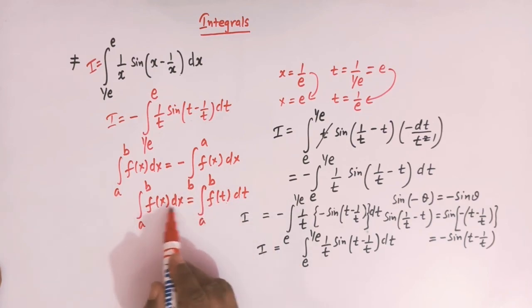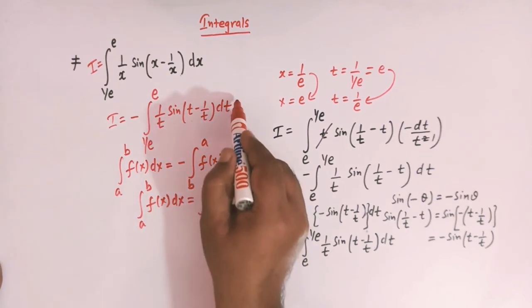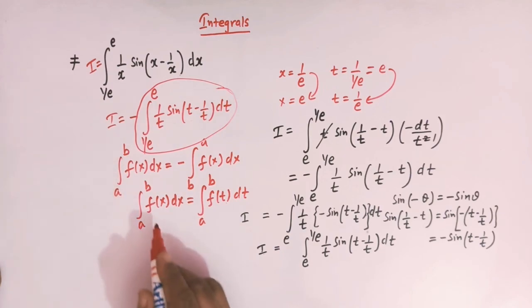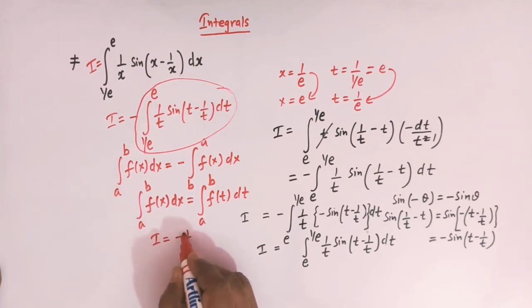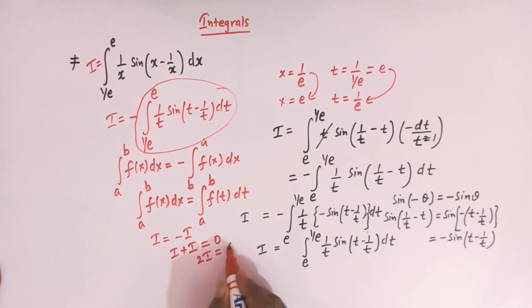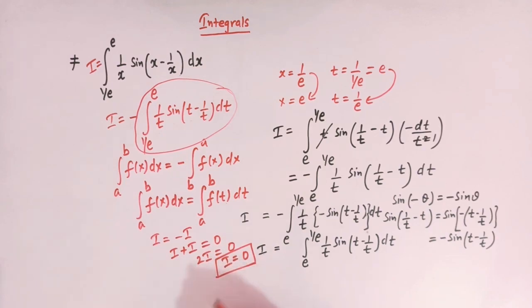So we can simply change the variable. So this integral is equal to I by this property. So we can now write I is equal to minus I. We can take minus I to this side, so we have I plus I is equal to 0. So 2I is equal to 0 and I is equal to 0. So the value of this integral is equal to 0.